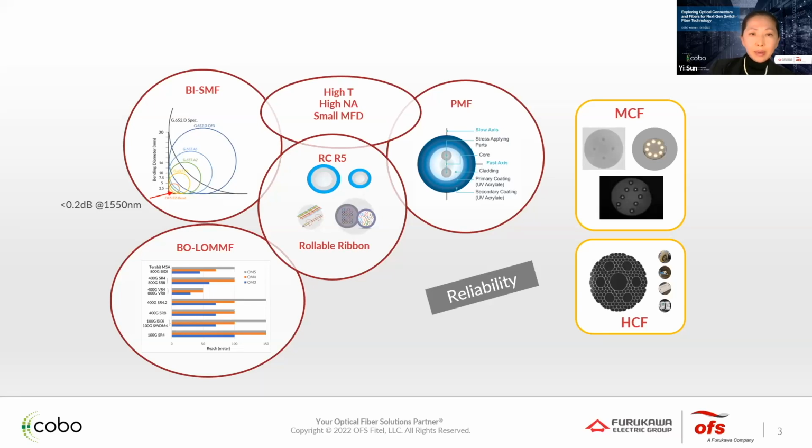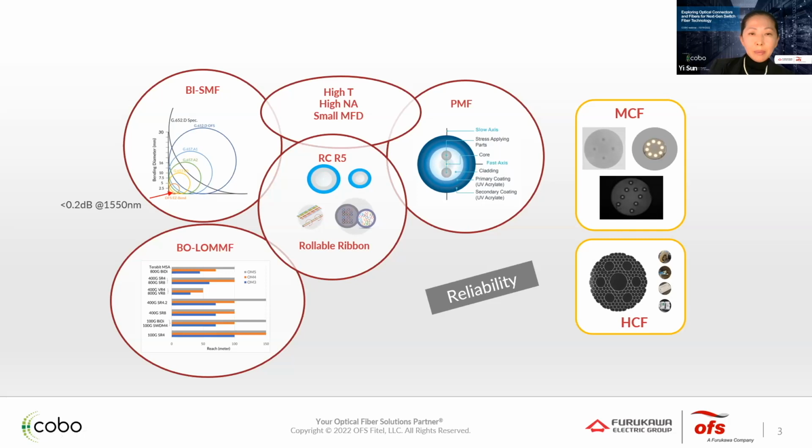And on top of that, there is also reduced cladding, called thin fiber, and the rollable ribbon, to increase the fiber density inside the cable. And there's specialty fiber with higher numerical aperture and smaller mode field diameter, optimized for coupling and integration to the PIC, and there are polarization maintaining fibers for external laser.